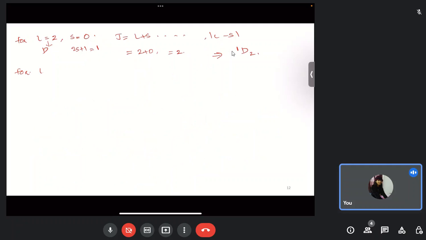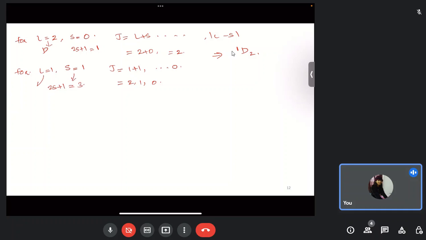So for L is equal to 1, if the S is 1, then J can have values from 1 plus 1 to 0, that is 2, 1, 0. 2S plus 1 is going to be 3.